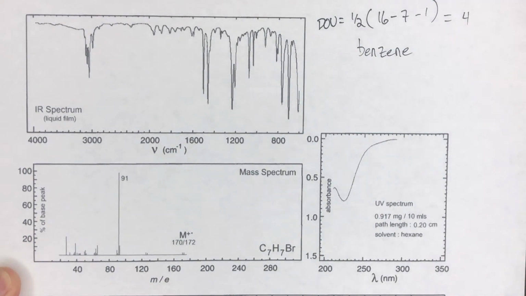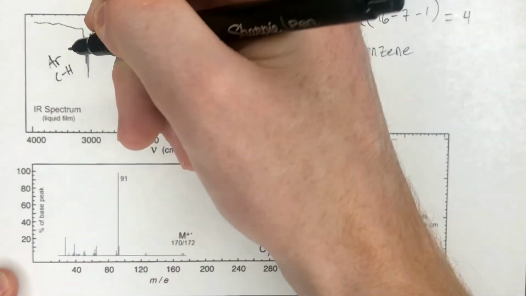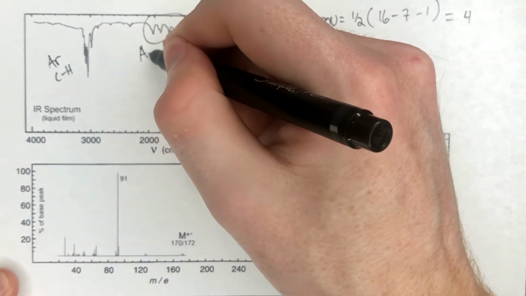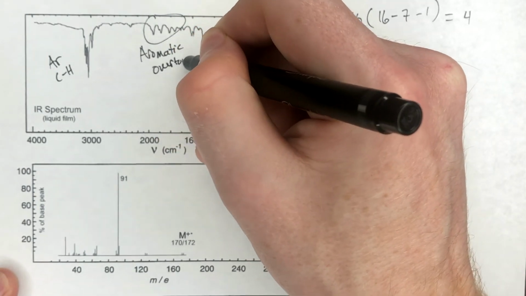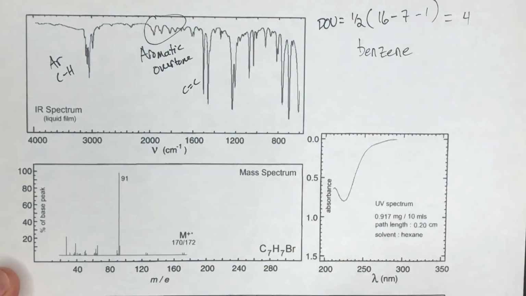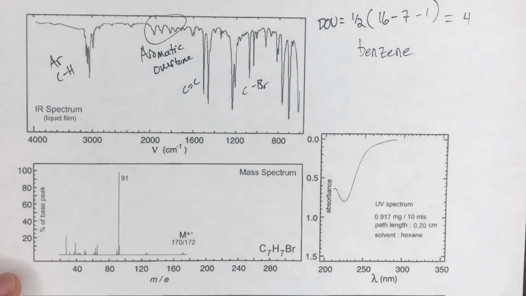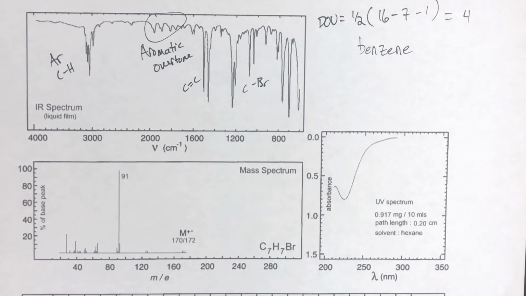If we look at the IR, we can quickly see that that is confirmed because we have aryl CH stretching above 3000. We also have the aromatic overtone. We also have C double bond C stretching. And perhaps you have some carbon-bromine stretching in the fingerprint region here. So this all suggests that you have an aromatic group bound to a bromine in some way.